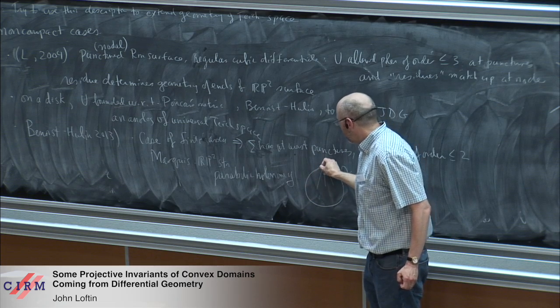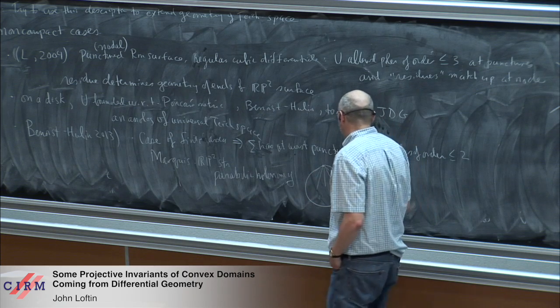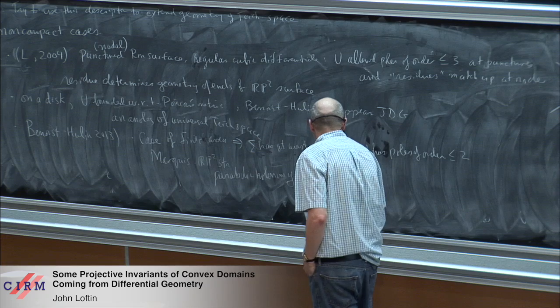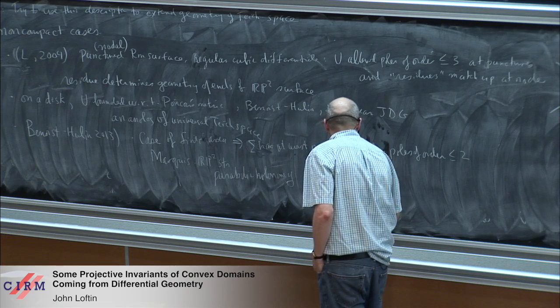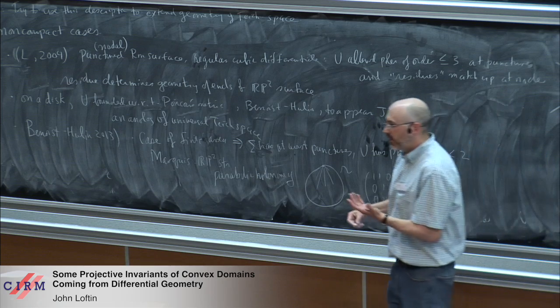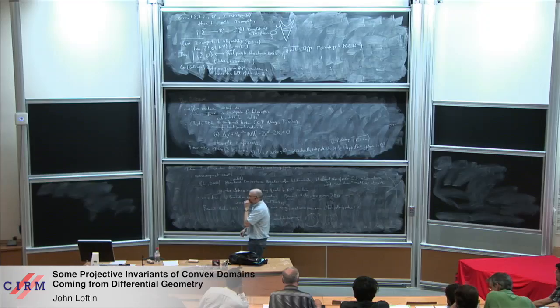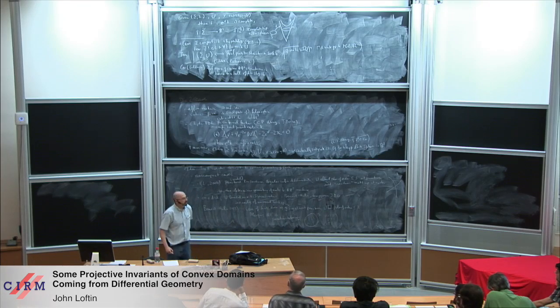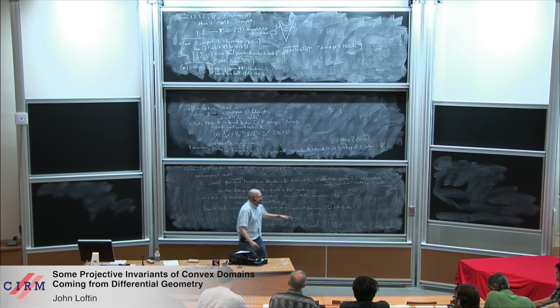And so near this fixed point, you have fundamental domains like this, and so the holonomy looks like this. And so if you look at the Klein model with respect to a hyperbolic cusp, then this is exactly the picture you get here.